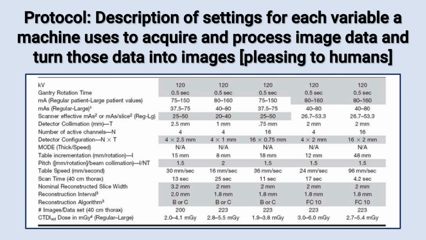And if you look, none of the settings on any of these machines is exactly like any of the other machines. Over on the left are some of the different things that I can protocol. I can say, oh, this is how I want the machine to run. And I'm doing it subtly differently on each one based on the attributes and abilities of the machine and how I want to generate the images so that they look good to me with two human eyes.